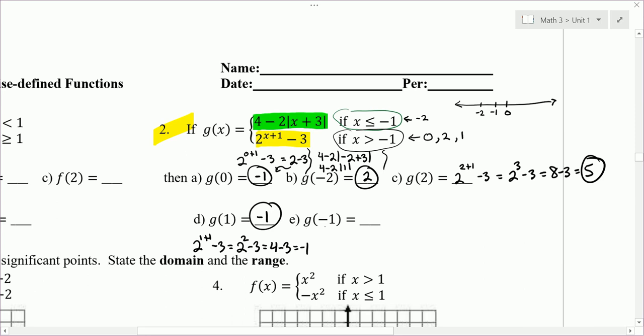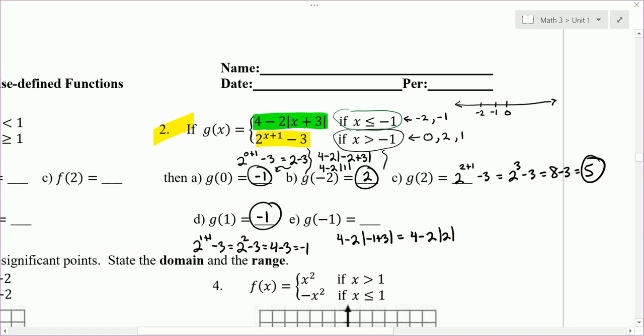And lastly, we want to plug in -1. Now both restrictions have a -1 involved in writing them. Which one does it belong to? Well, the first one, the top one, says less than or equal to -1, so -1 belongs to the top restriction. And so we're going to get 4 minus 2 times the absolute value of -1 plus 3, which is 4 minus 2 times the absolute value of 2.